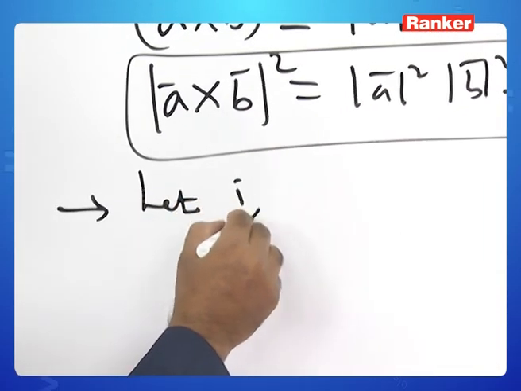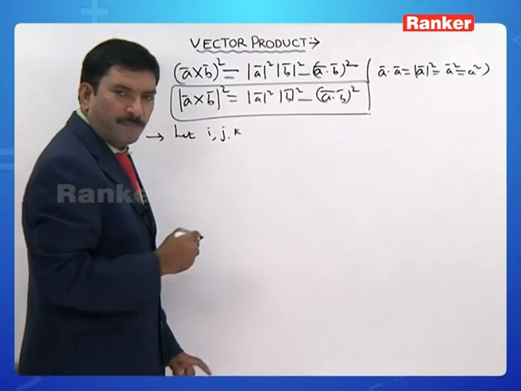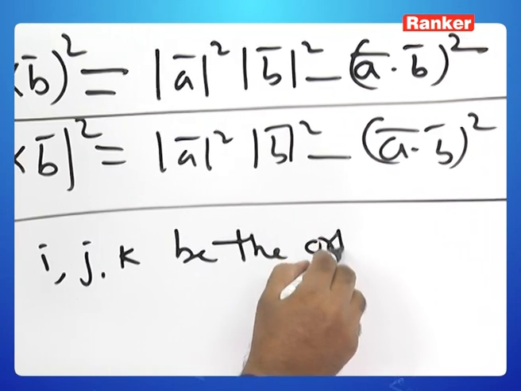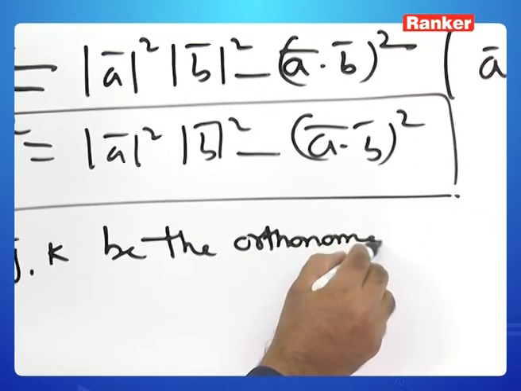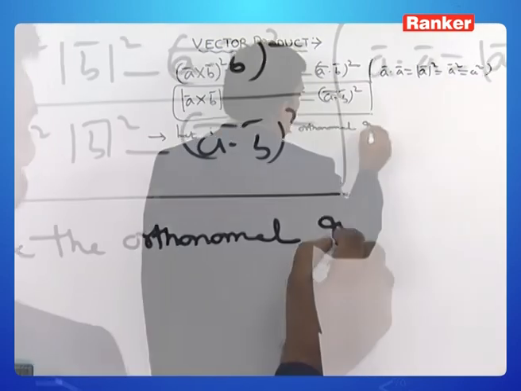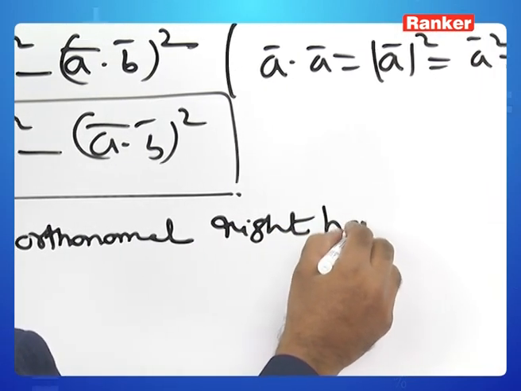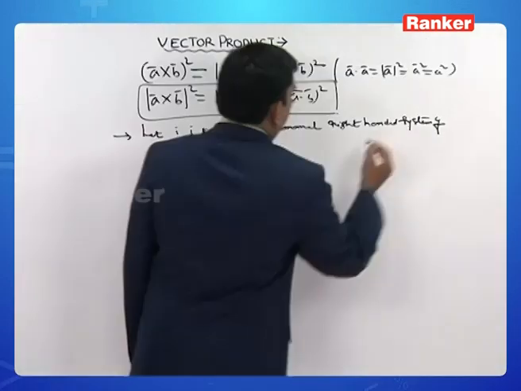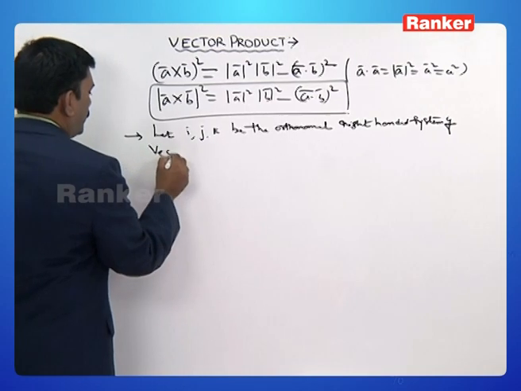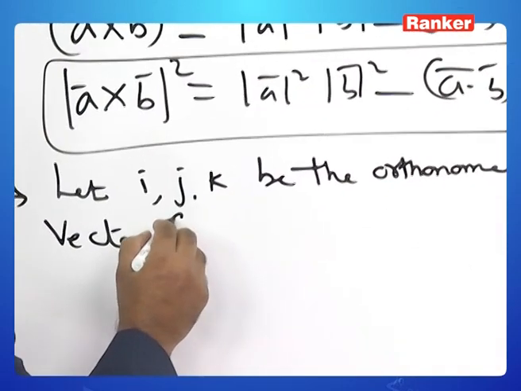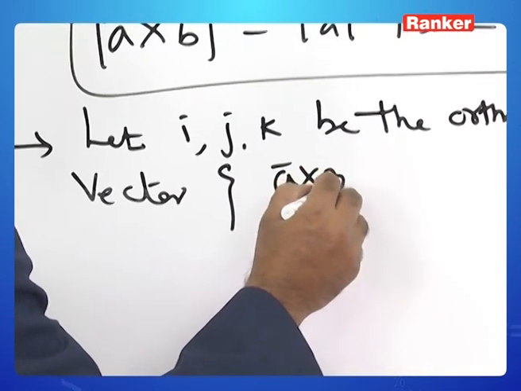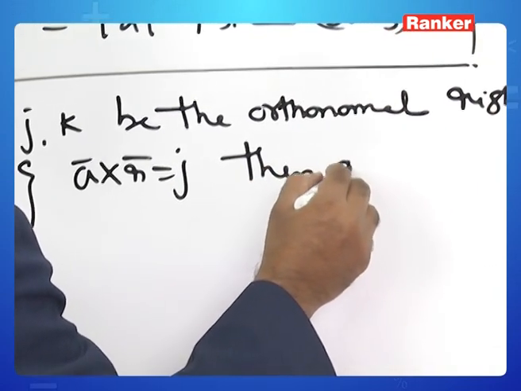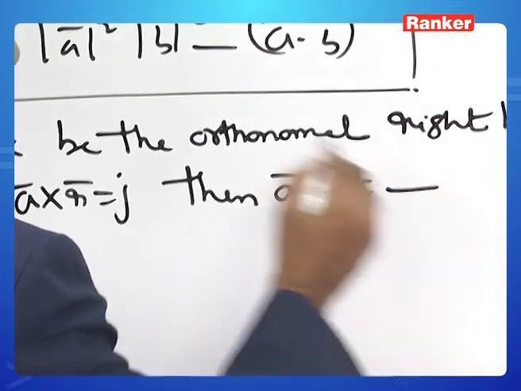Let i, j, k be an orthonormal right-handed system of vectors, and A bar cross R bar is equal to j, then A bar dot R bar is equal to dash.